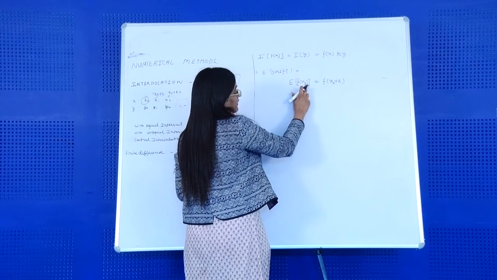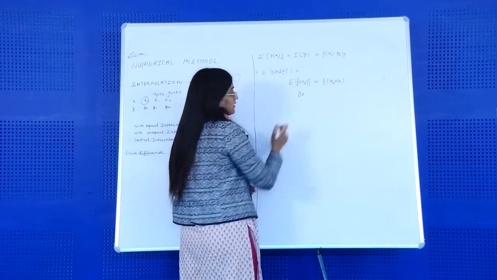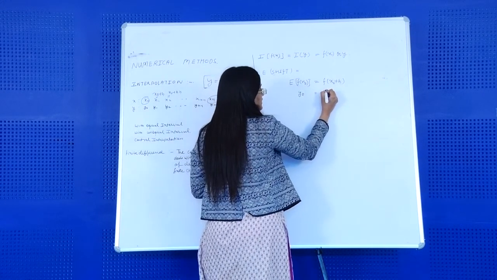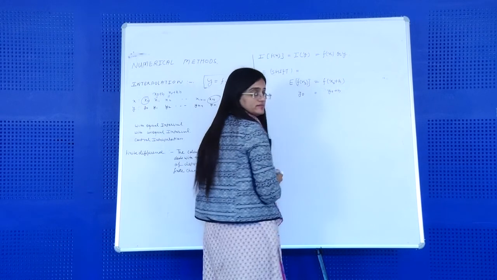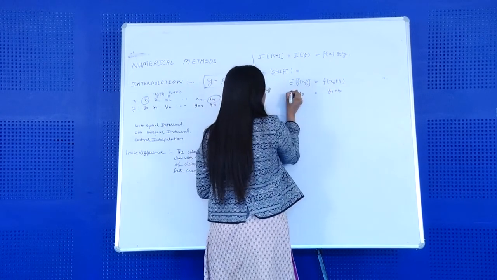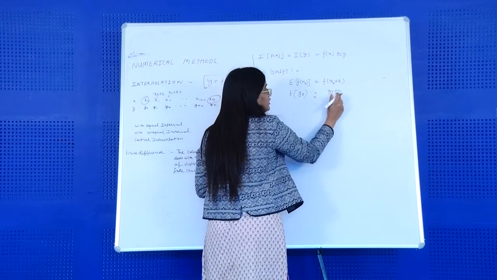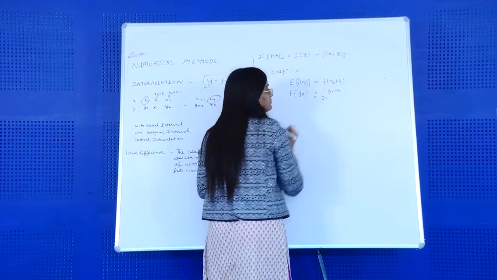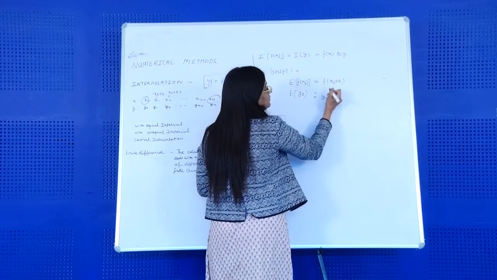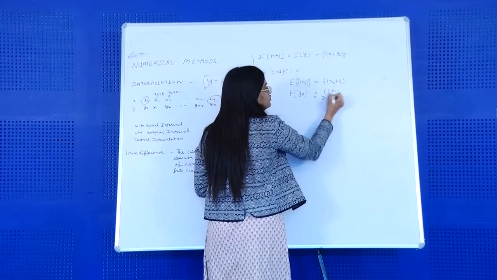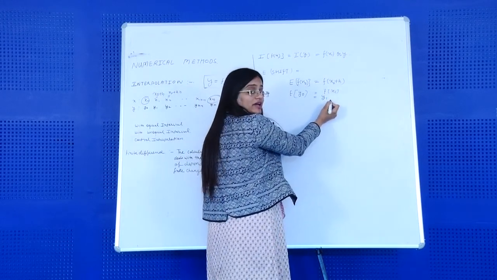This f of x is y naught from the table, and this one is y naught plus h, right? So E of y naught gives the y1 value, because you can write x naught plus h as f of x1, and for f of x1 I can write y1.